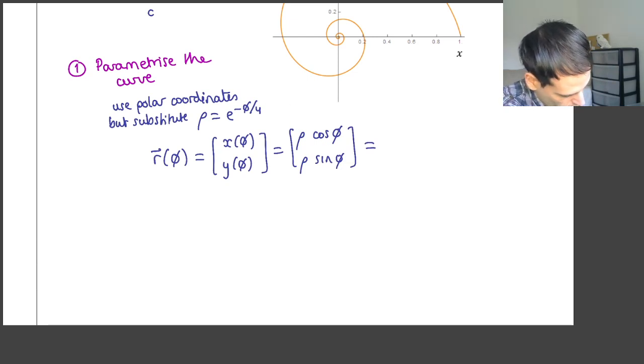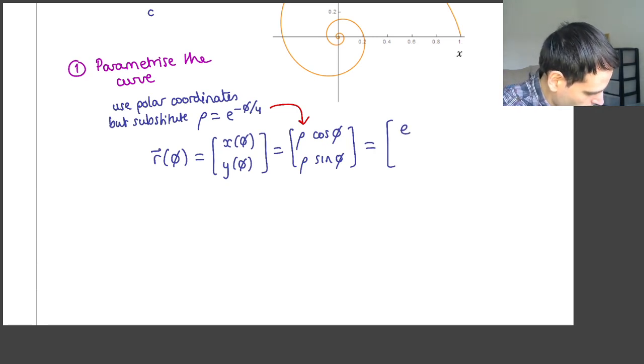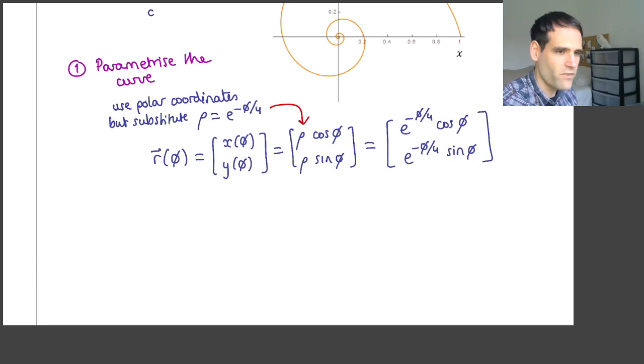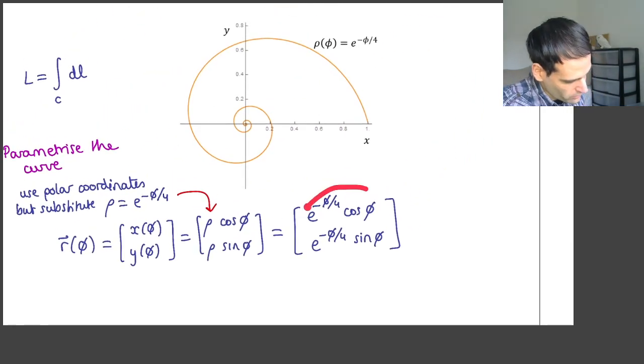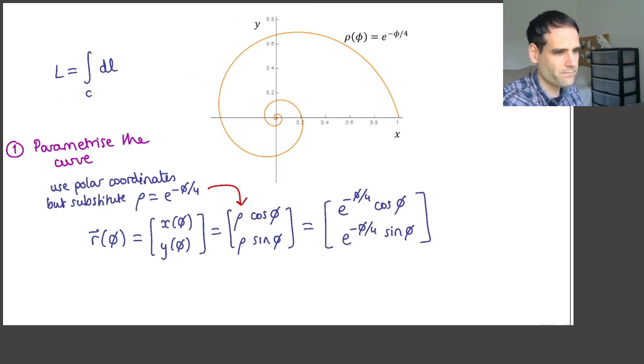Yeah, we're going to do this substitution here. So we get this parameterization, which is exponential of minus phi over 4 times cosine of phi and the exponential of minus phi over 4 times the sine of phi. Okay? By writing this equation into Mathematica, I was able to plot this nice spiral.